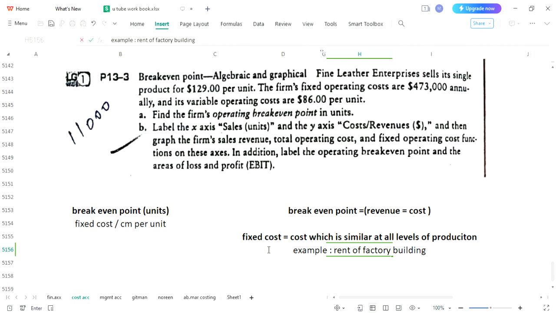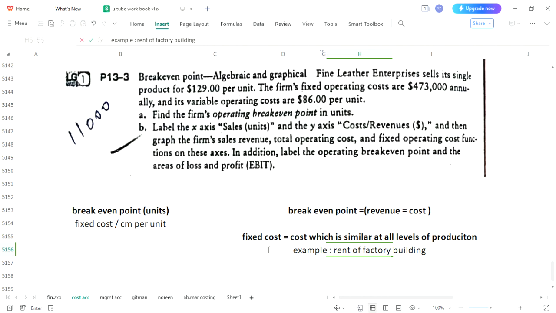Secondly, if you are working daily 8 hours in the factory or 16 hours or 24 hours, you will have to pay rent in the same amount. So it is your fixed cost no matter what level of production you have. If you are manufacturing 3,000 units or 10,000 units per day, you will have to pay the same rent.